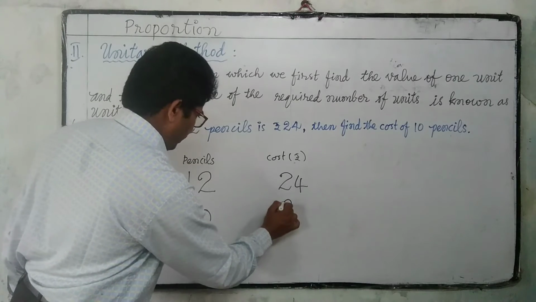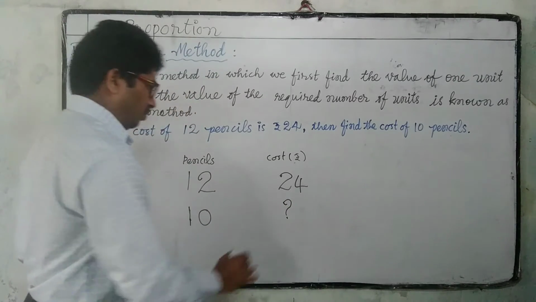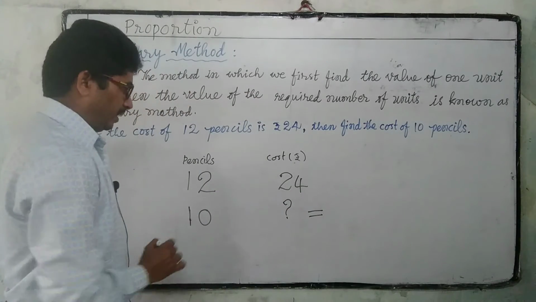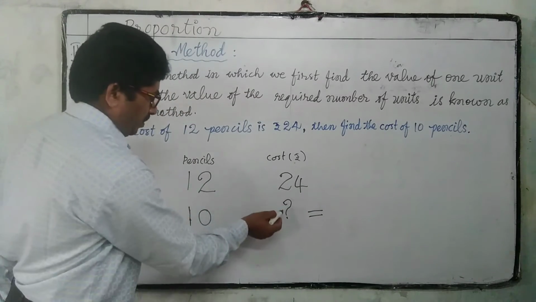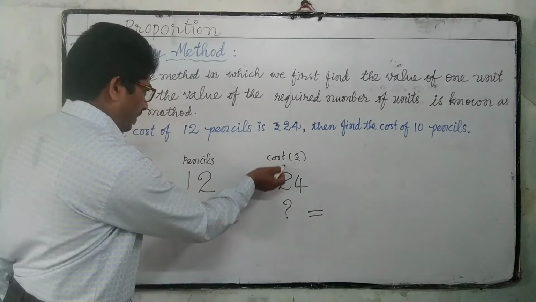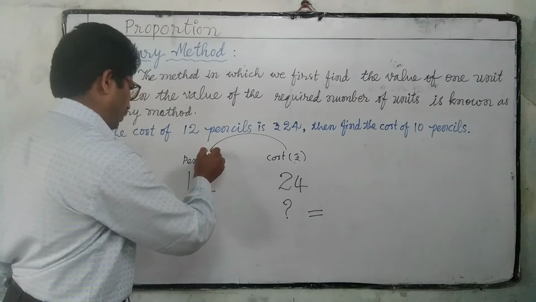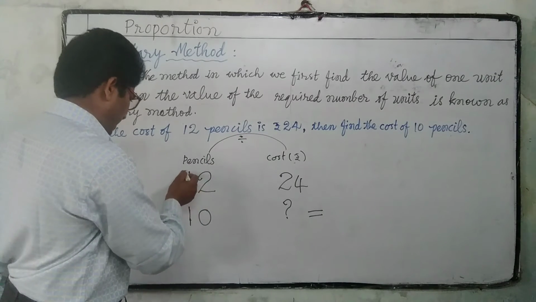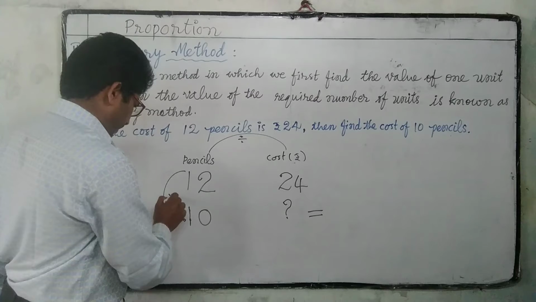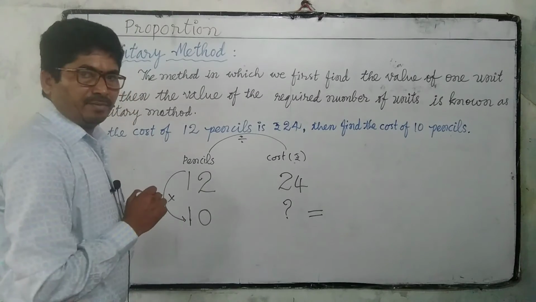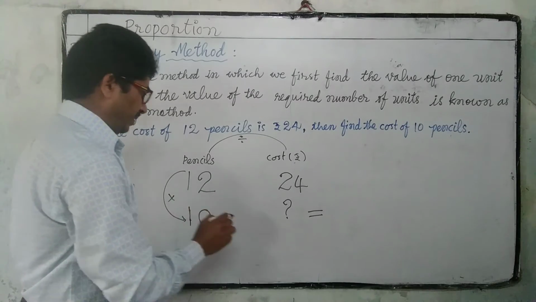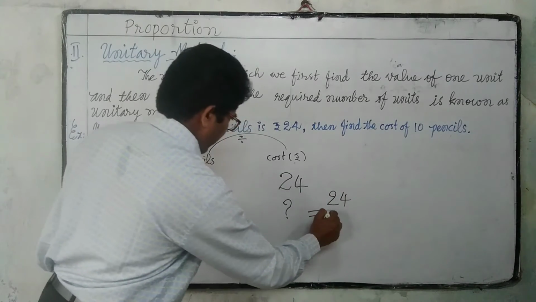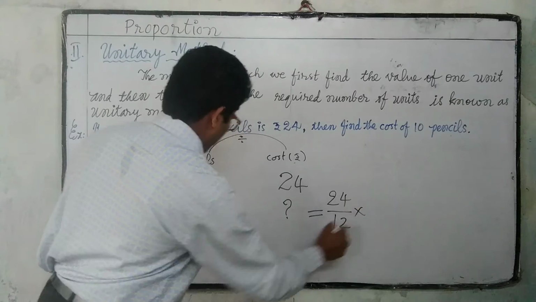What is the cost of these 10 pencils? To find this, we have to divide this 24 by 12, multiply with this 10. So this is the method of finding unitary method. 24 divided by 12 into 10.